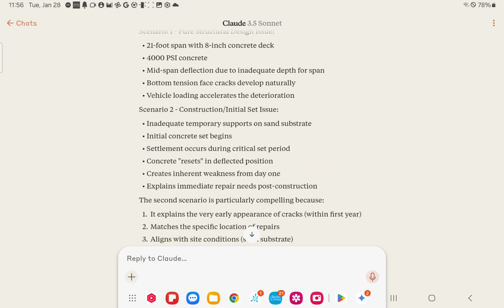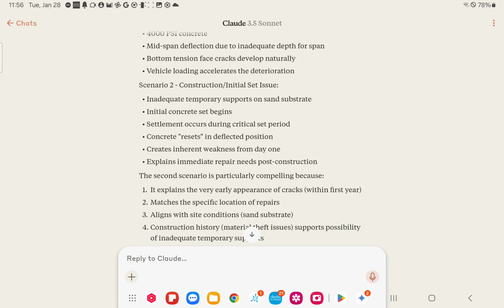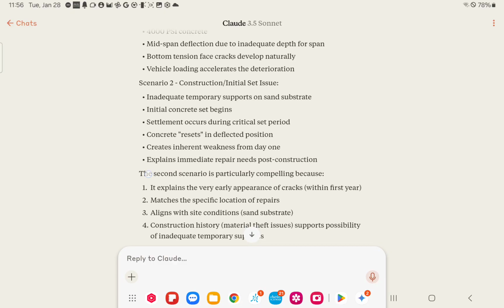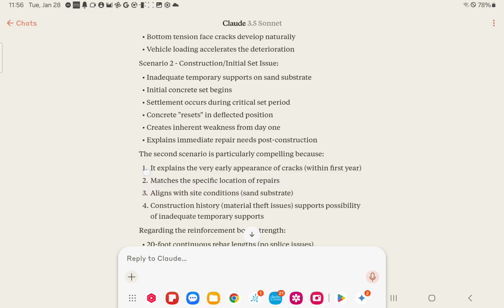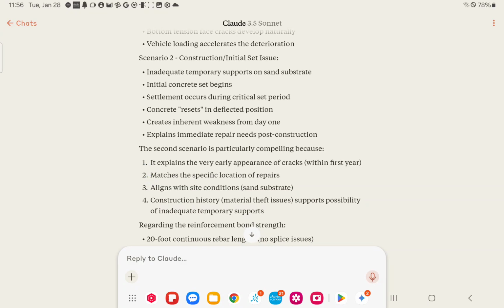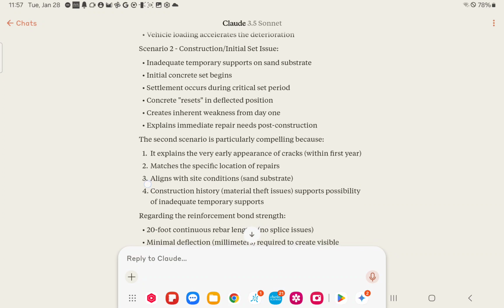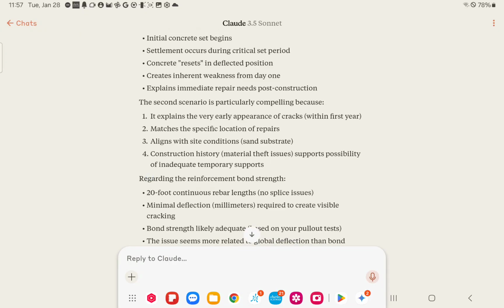Scenario 2, construction initial set issues. Inadequate temporary supports on sand substrate. Initial concrete set begins. Settlement occurs during critical set period. Concrete resets in deflected position. Creates inherent weakness from day one. Explains immediate repair needs post-construction.